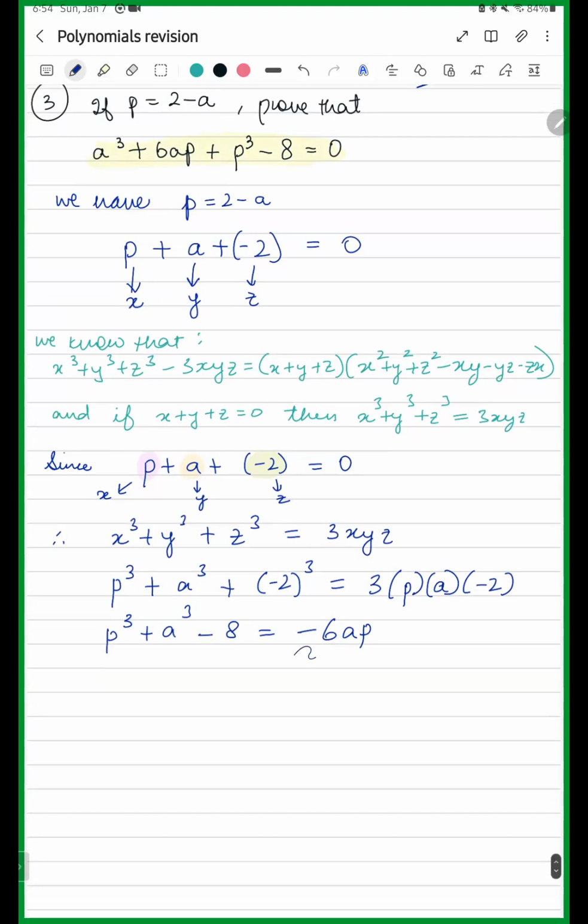We can write it like this: a cube plus p cube, or you can write it a cube plus 6ap, bringing this to the other side, plus p cube plus minus 8 is equal to 0. What have we done? We just brought this to the other side. And this is what we needed to prove in the question, hence proved.